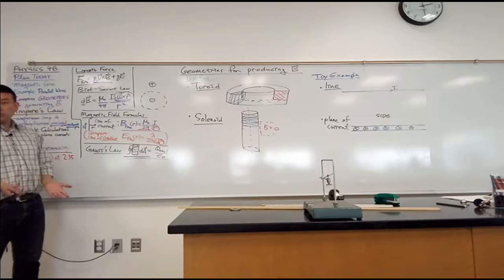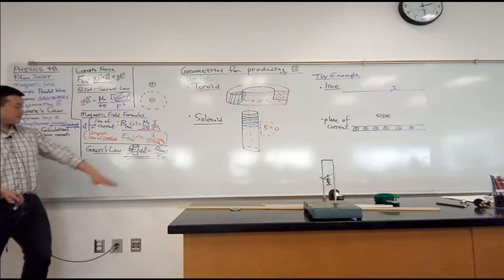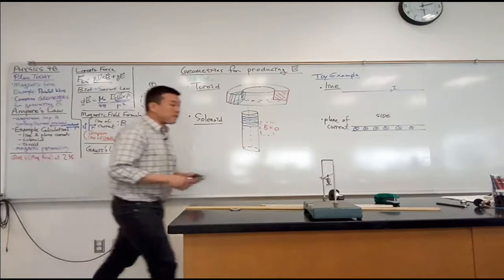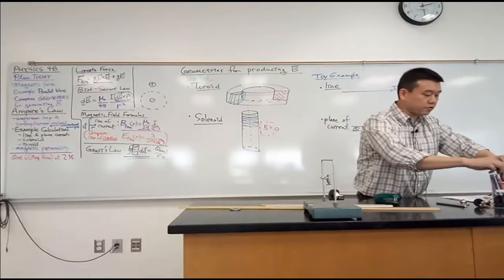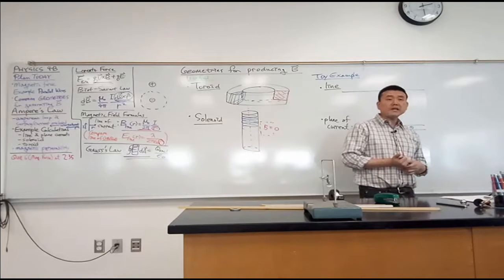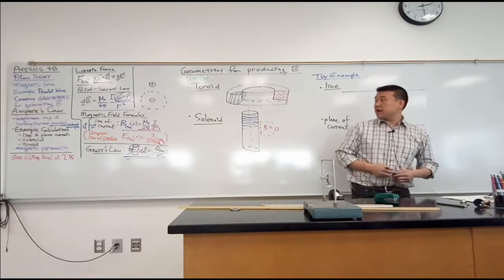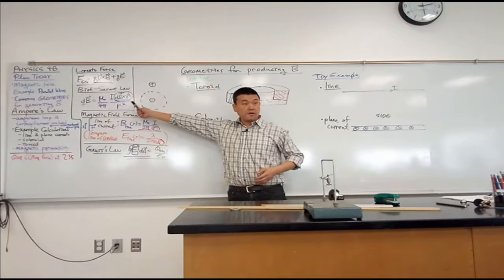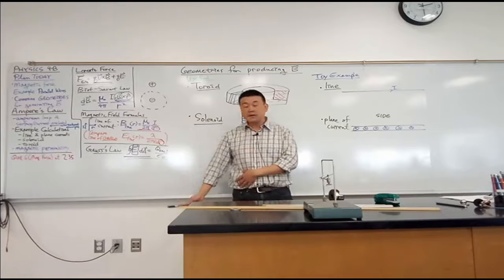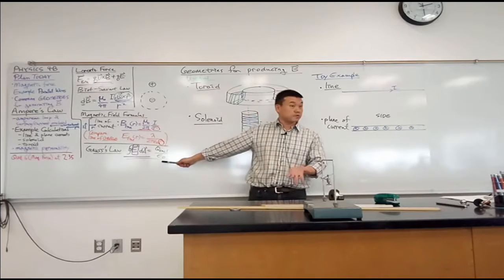That's the same thing we are going to do for magnetism, except it's not going to be Gauss's law, because this was the fundamental law for the electric field. For magnetism, we are going to use something called Ampere's law. The relationship between Ampere's law and Biot-Savart's law is analogous to the relationship between Gauss's law and Coulomb's law.